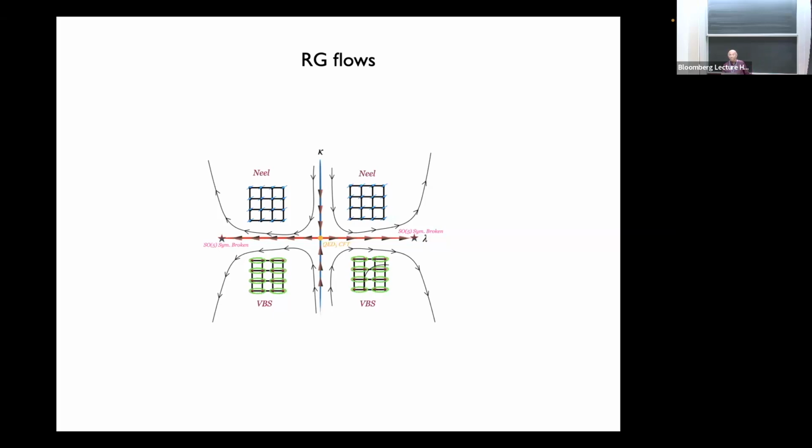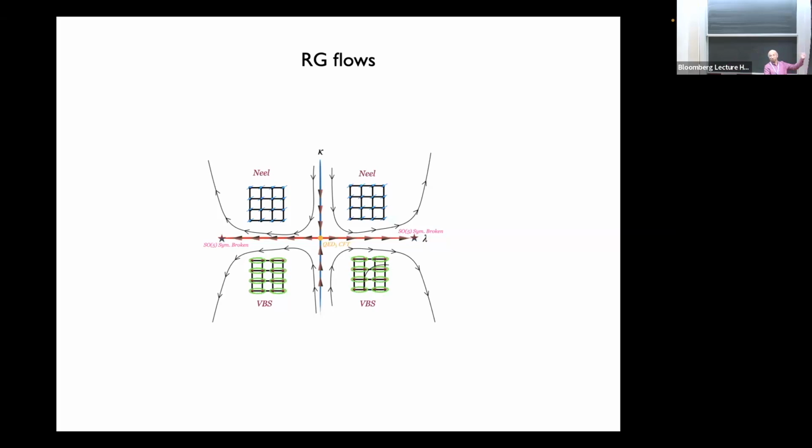Can you remind us which point has what global symmetry? So the origin is SO6. And along the x-axis, it's SO5, and it's spontaneously broken to SO4. That's right. And the vertical axis has SO3 cross SO2 symmetry.